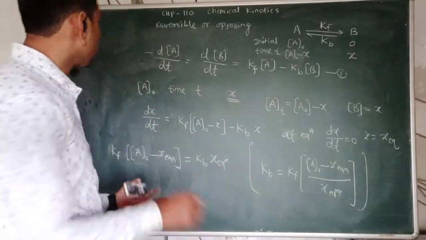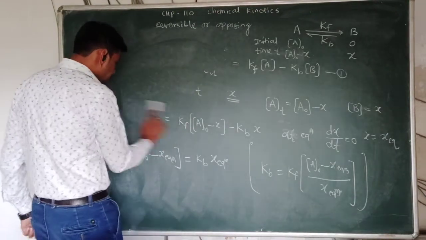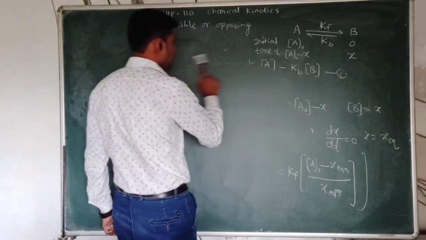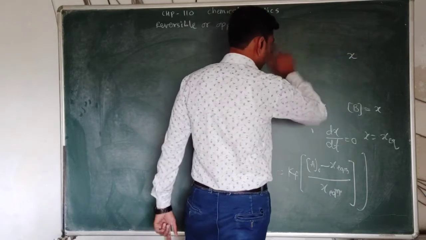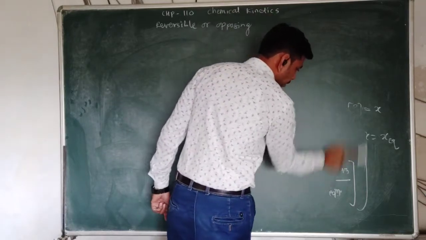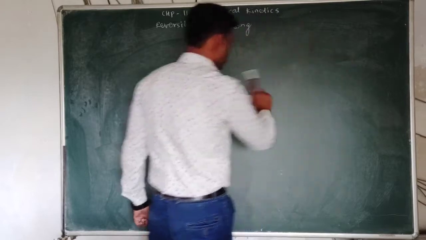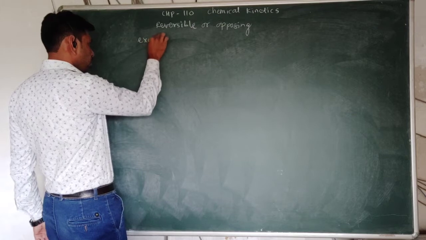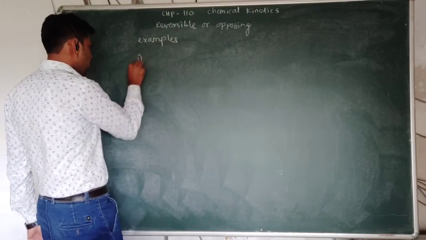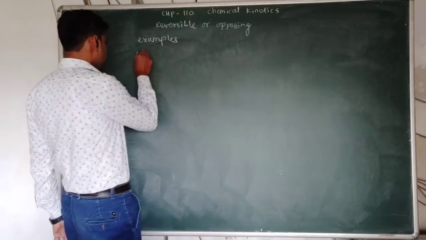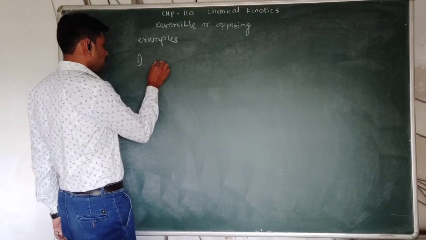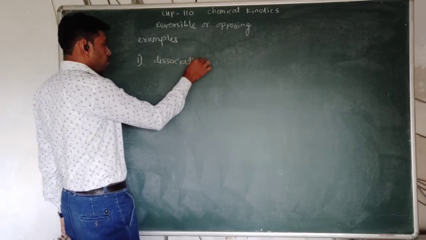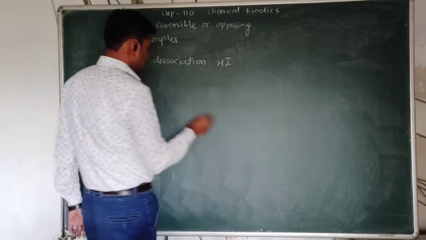In these reversible or opposing reactions, there are certain examples where the rate of the forward reaction and the rate of the backward reaction at equilibrium we can calculate. Consider the first example, the dissociation of hydrogen iodide, HI.